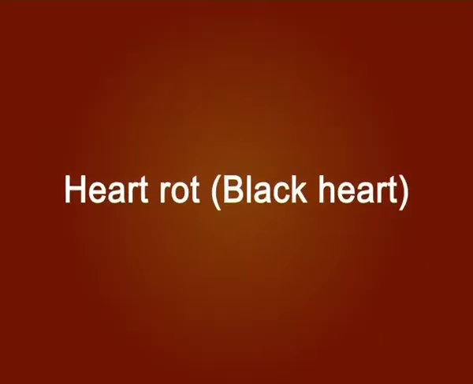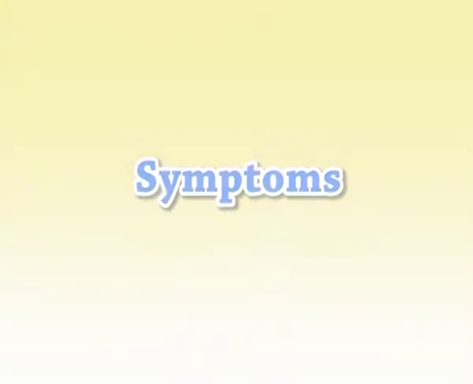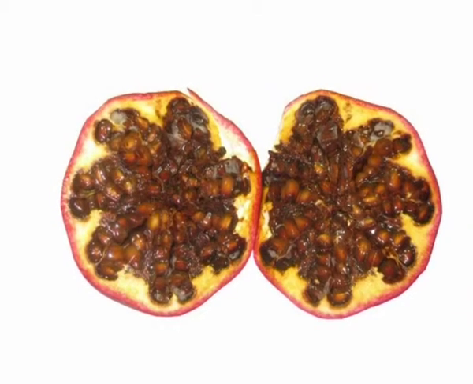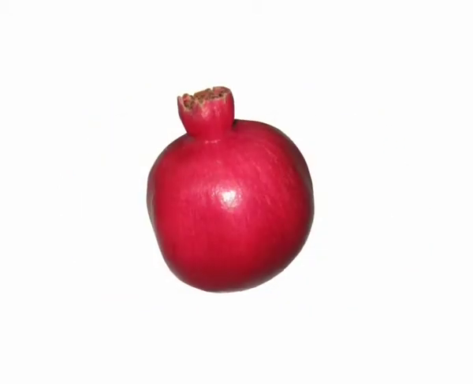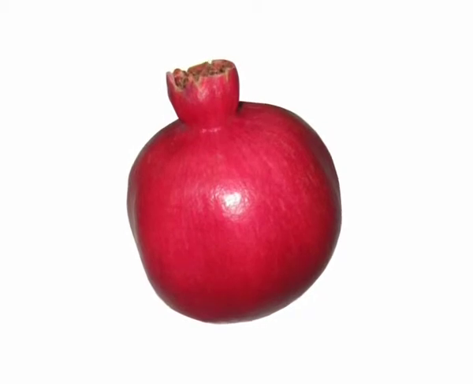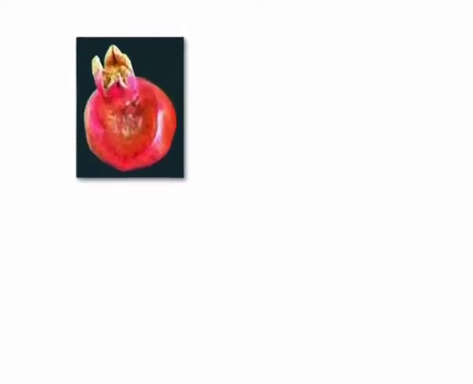Next disease is the heart rot or black heart. It is caused by Alternaria species. Let's see the symptoms. Interior of fruit rotting with no external symptoms. Infected fruits are usually lighter in weight than healthy fruits and may be paler in color.